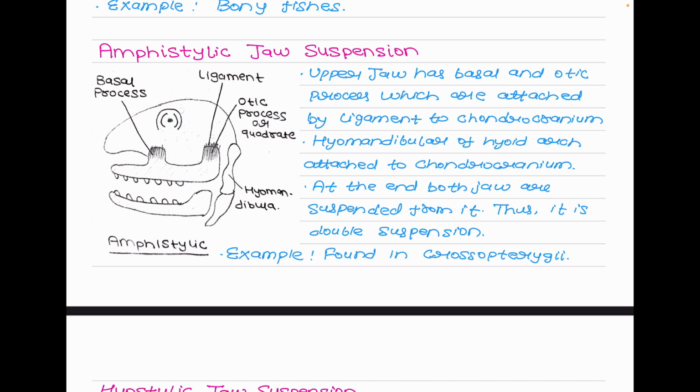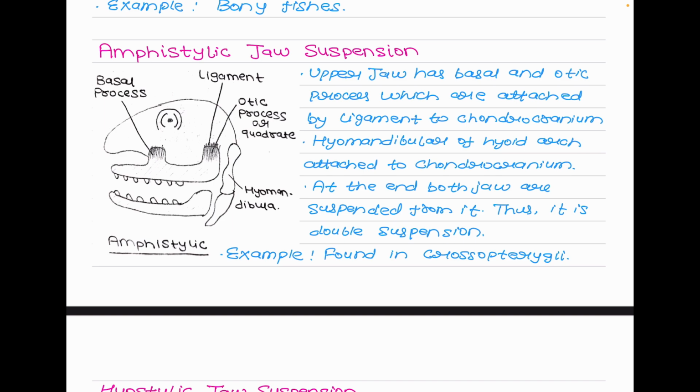Amphistylic suspension represents an intermediate evolutionary condition which is more flexible than autodiastylic but less so than hyostylic. And this is found in Crossopterygii, which is also known as lobe-finned fishes.